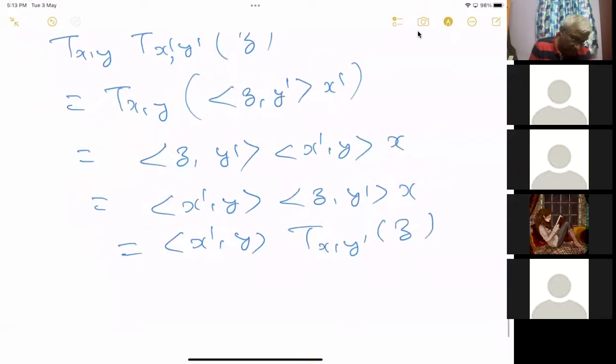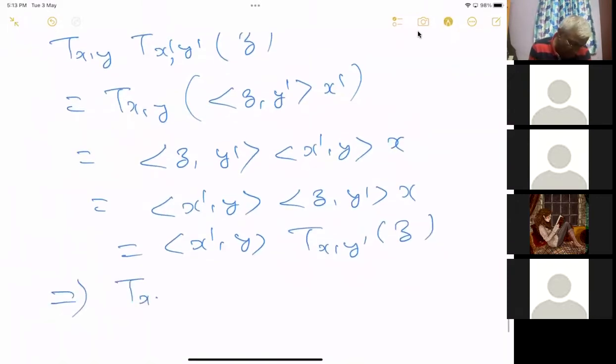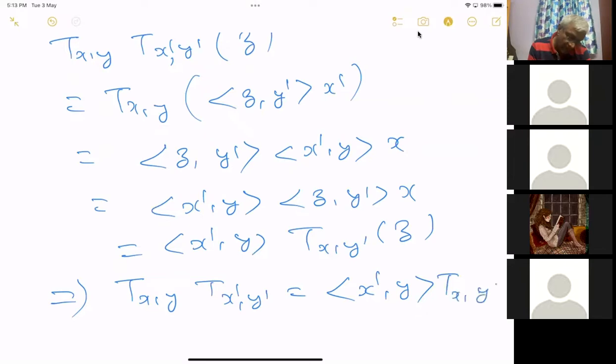So this simple computation we have done shows T_{xy} T_{x'y'} is equal to a constant times T_{xy'}. You have this inner product of x prime and y, and the middle things become just an inner product, times T of x y prime.